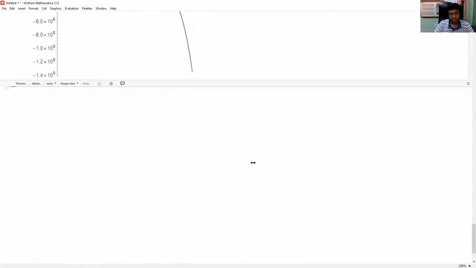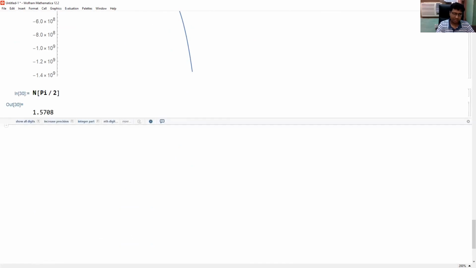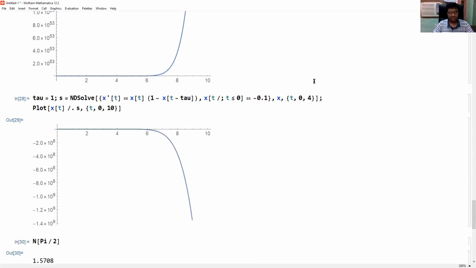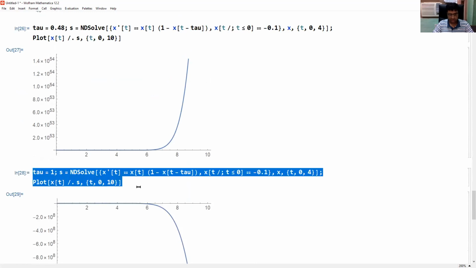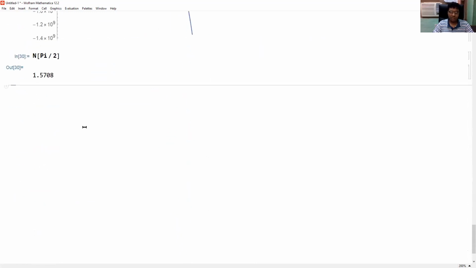What is the numerical value of pi by 2? It is approximately 1.570. So let us consider values of delay which are smaller than this value and bigger than it. And we consider initial values in the neighborhood of 1, because we are going to check the stability of equilibrium point 1.